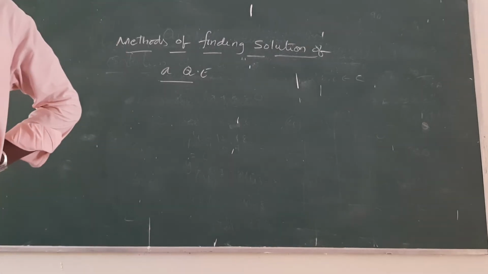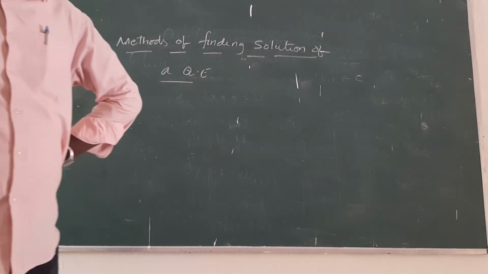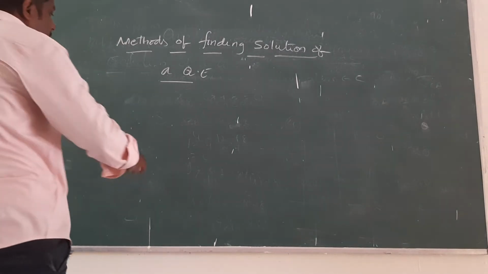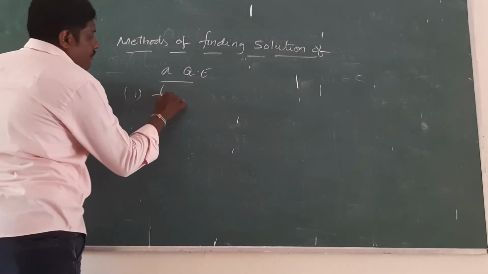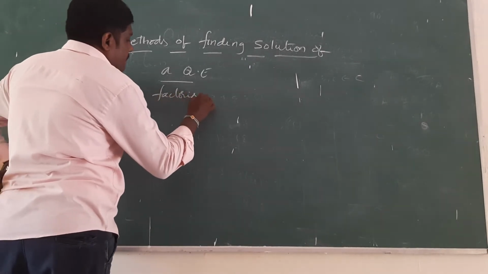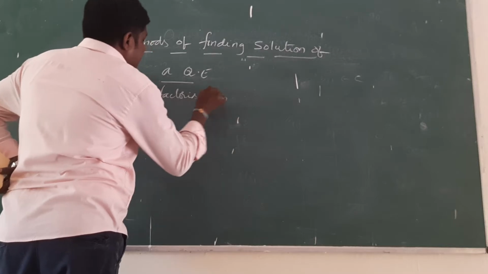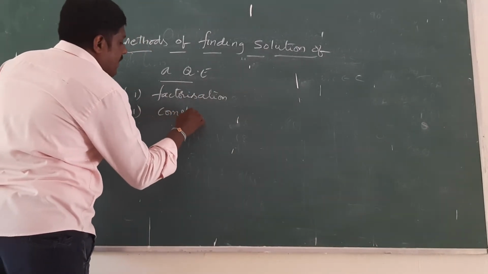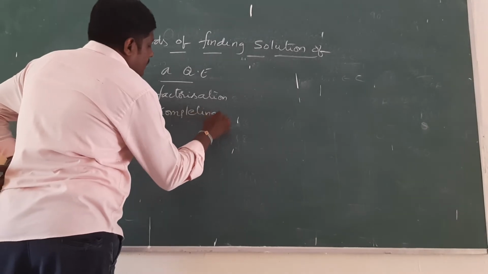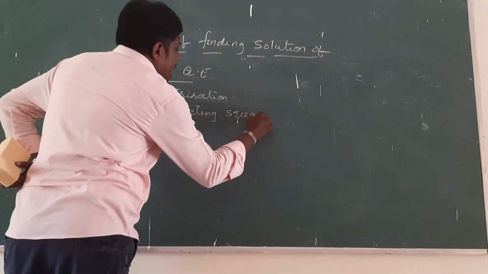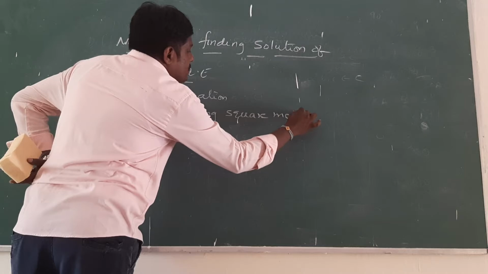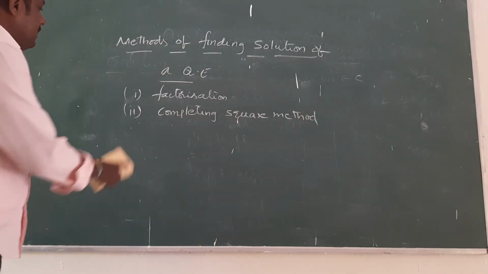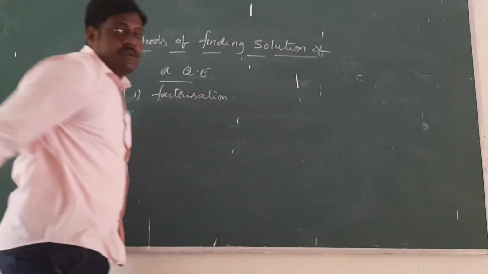The first method is solving a quadratic equation by factorization. The second method is completing square method.